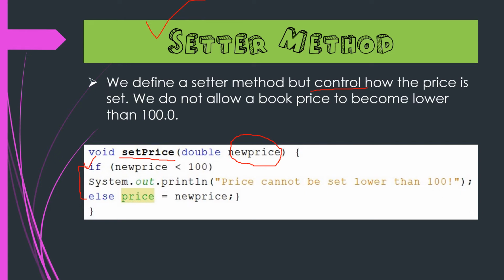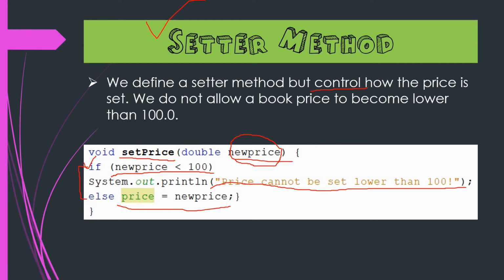We have used the if and then condition. What is the condition? If the new price is less than 100, then a statement will be printed that price cannot be set lower than 100. And if the new price is greater than or equal to 100, then price will be equal to new price, meaning in that case it will be acceptable.